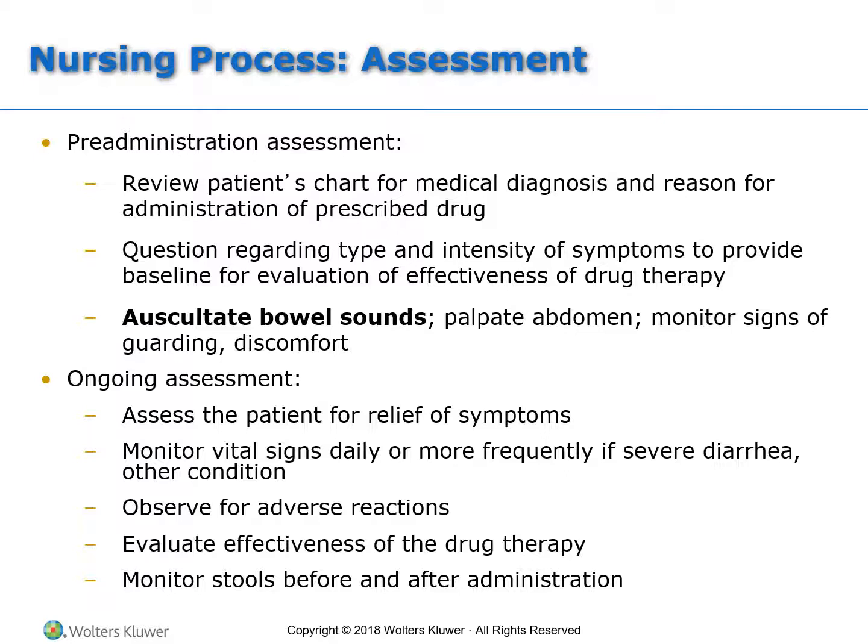They're at big risk for fluid and electrolyte imbalance. They could have severe dehydration. Their sodium, potassium especially could become very depleted. Observe for any adverse reaction, evaluate effectiveness, and then we're always going to be monitoring stools before and after administration of treatment, looking for improvement.